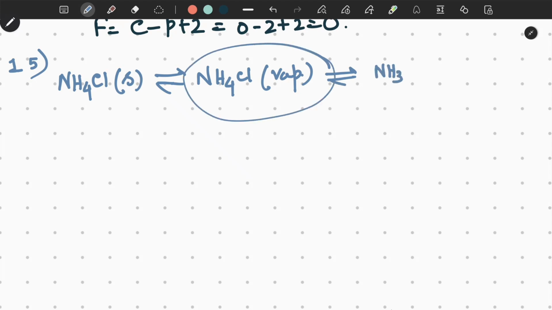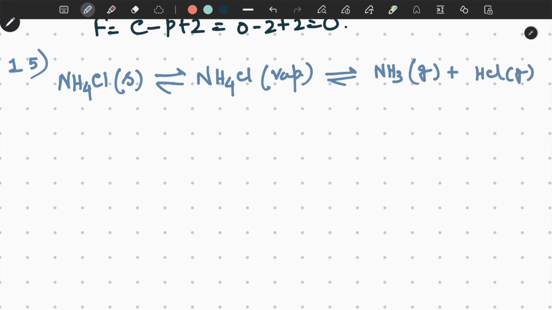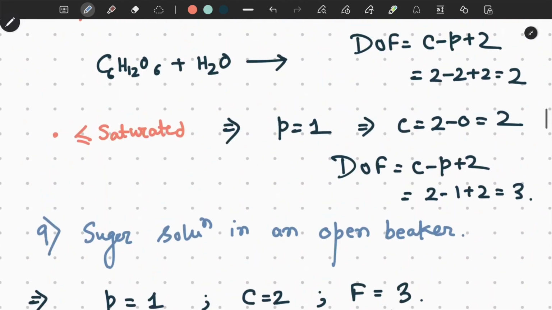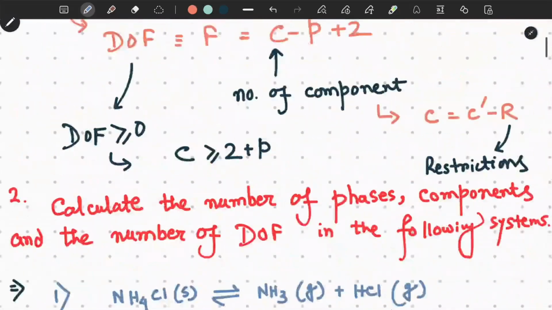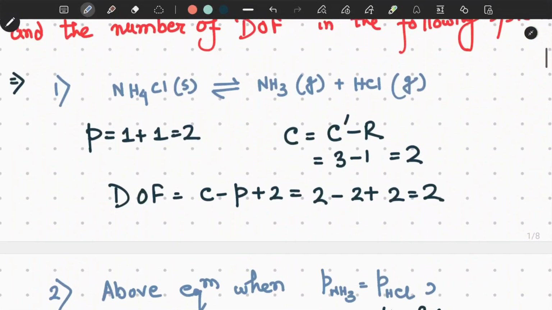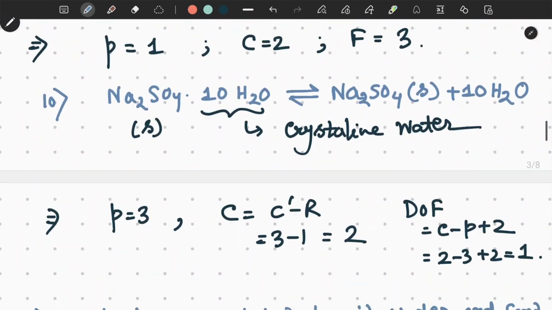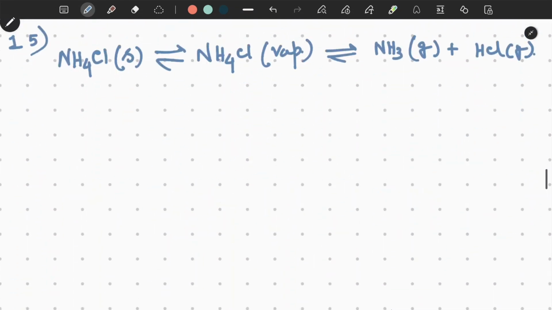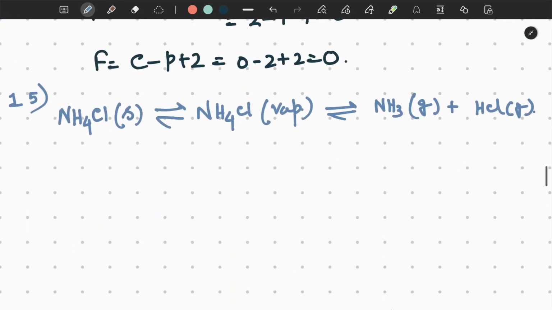This part we did not consider before. This was our starting question. Here it is the same, but I have also considered the in-between transition state, this vapor phase change.